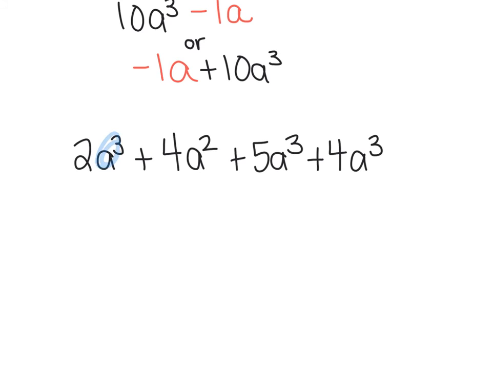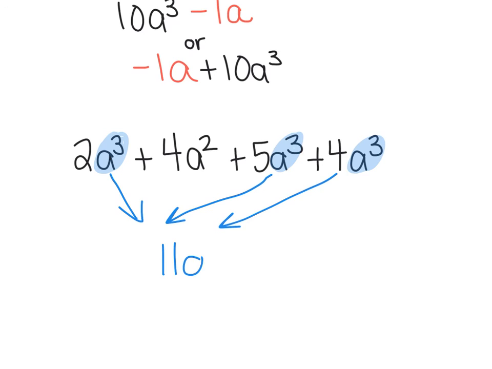So here I have an a to the third, an a to the third, and look, one more a to the third. They all match, so we can add them all together. So I'm going to add up 2 plus 5 plus 4 gives us 11 total. So that's 11a to the third. And then I didn't use my plus 4a squared, so I'm going to leave it exactly how it is, bring the sign with, and leave it there.